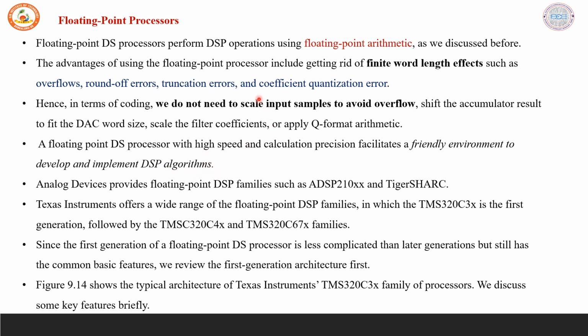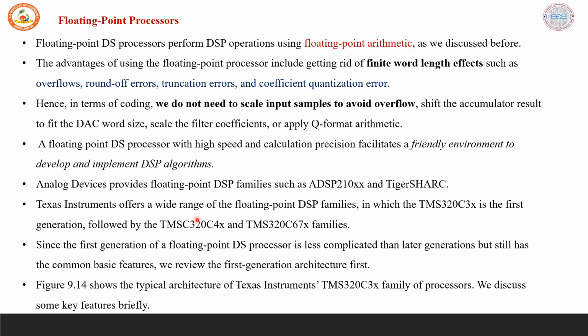Because we can avoid all these steps, coding will be pretty easy in the case of floating point processors. So it is a more attractive option. Analog Devices provides a floating point DSP family under the name ADSP 210XX and Tiger Shark.